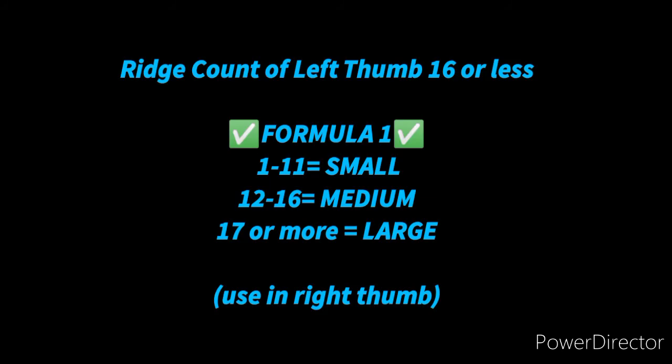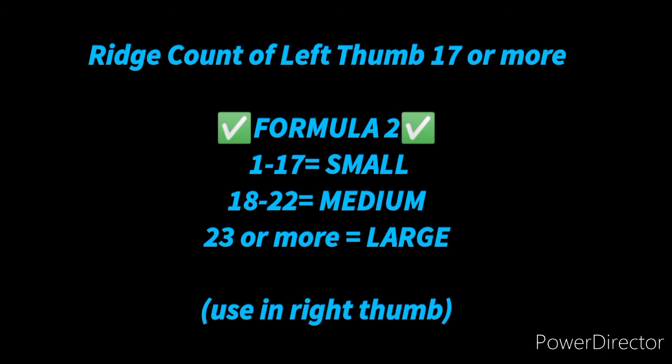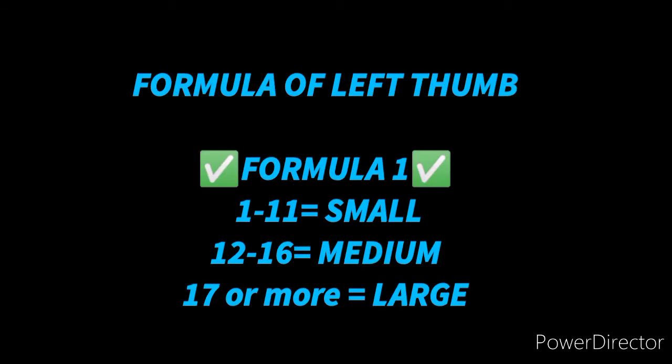There are two formulas to be used for the right thumb. First, when the ridge count of the left thumb is 16 or less, formula 1 is used for the right thumb. Second, if the ridge count of the left thumb is 17 or over, formula 2 will be used for the right thumb. The formula for the left thumb is the same as formula 1 for the right thumb.